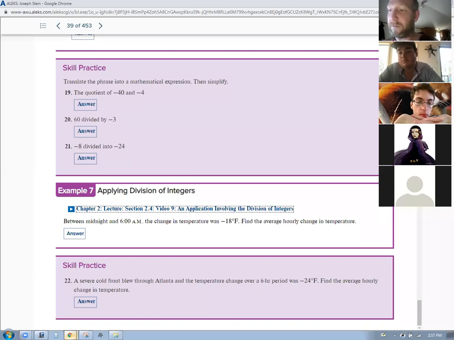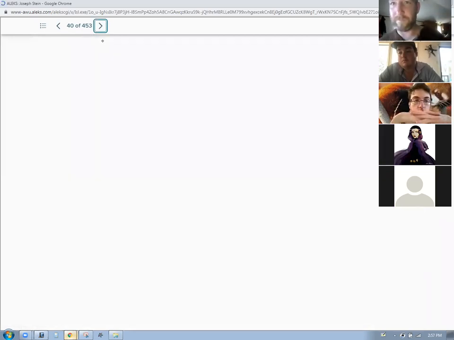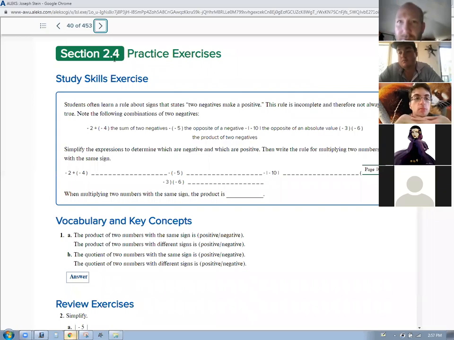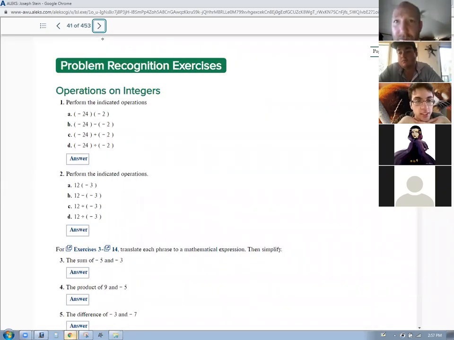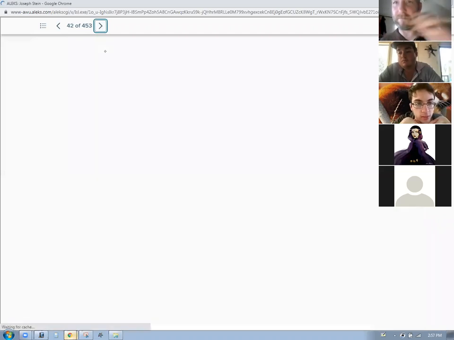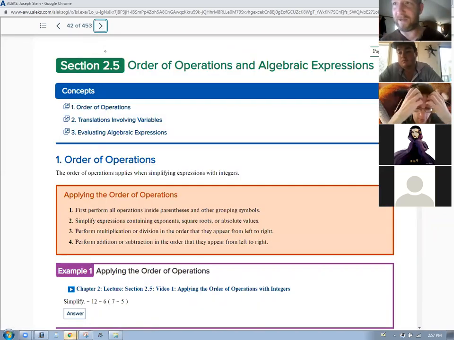All right, so we are done with this page. For 2.5.